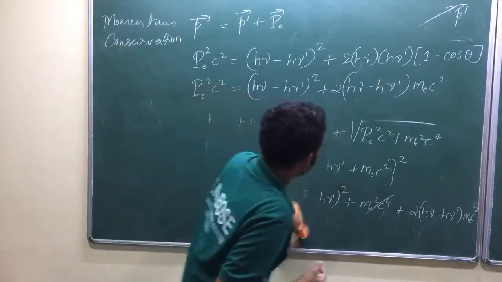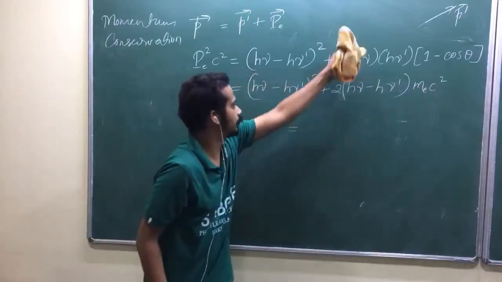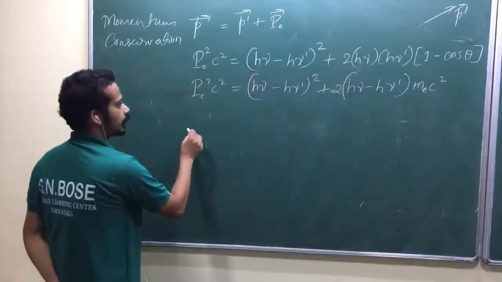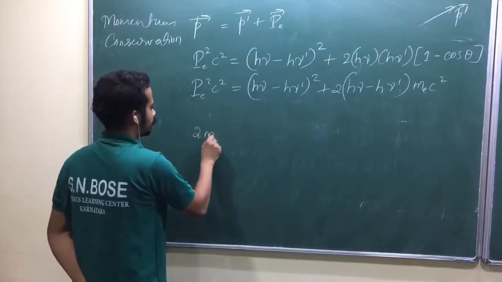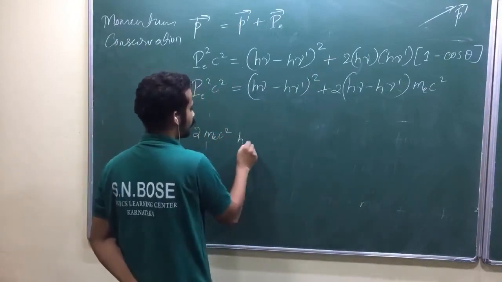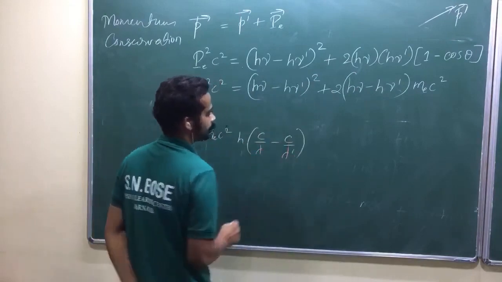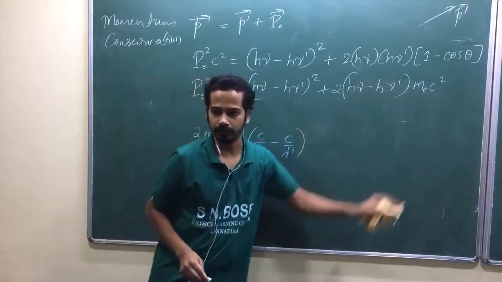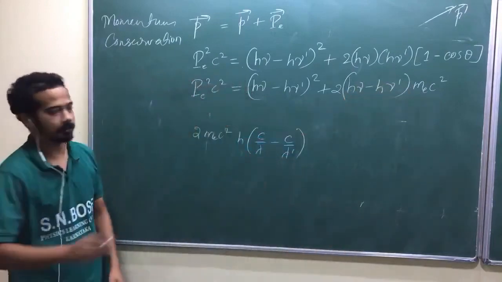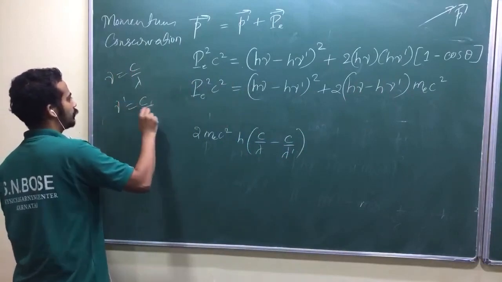Now when you compare these two equations, you can equate these two parts, isn't it? So what you get here is 2 times me c square, h nu minus h nu prime. I will take h outside and write c by lambda minus c by lambda prime. Nu is equal to c by lambda, nu prime is equal to c by lambda prime.